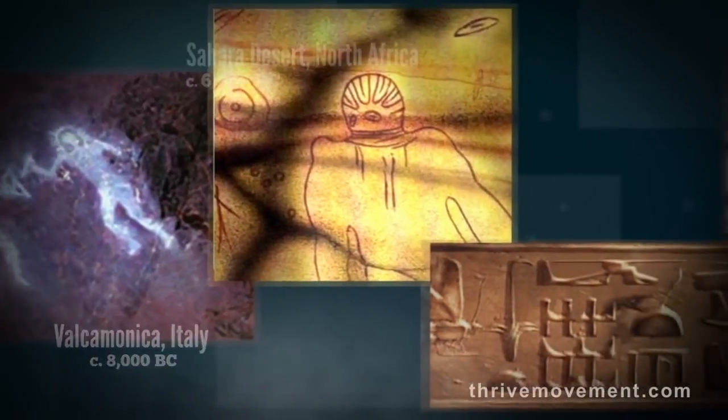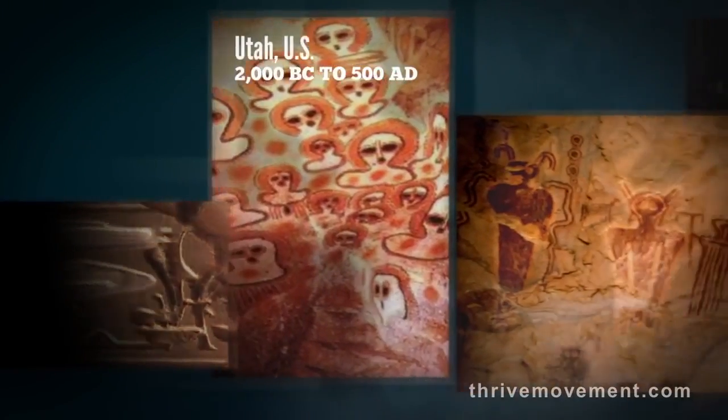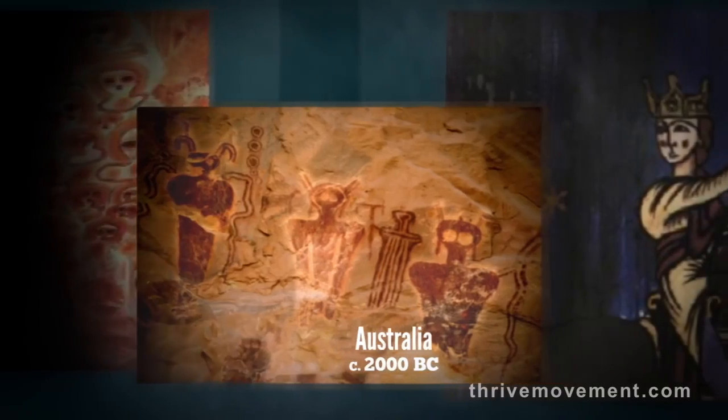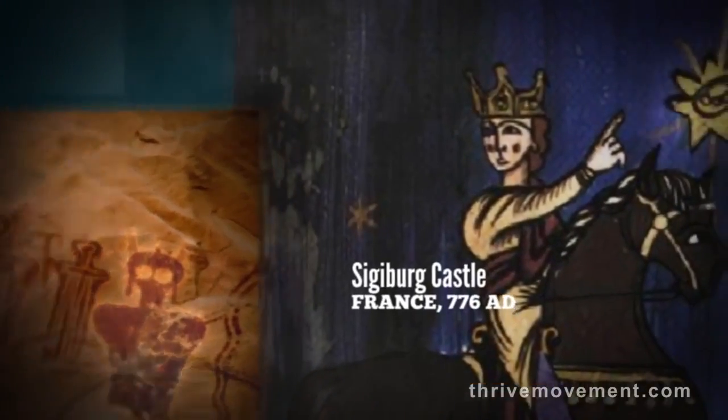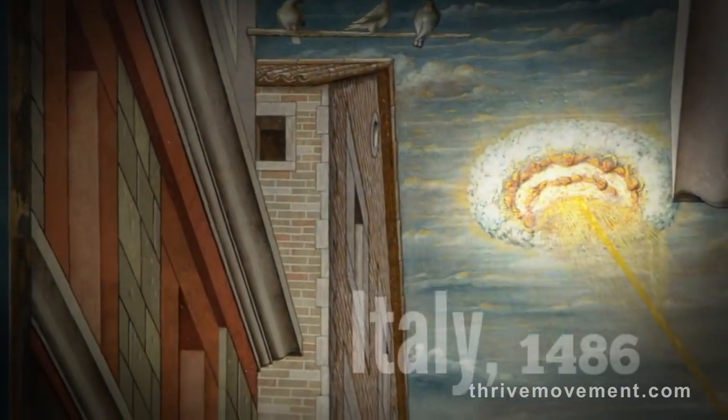These texts and many ancient cultures describe them as coming in flying boats, or in the Vedic tradition, flying machines, and so on. There are many mentions of these sun gods coming through time.